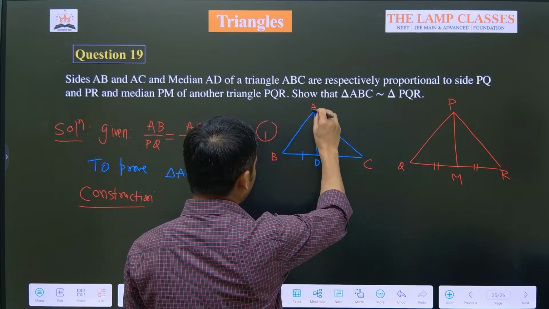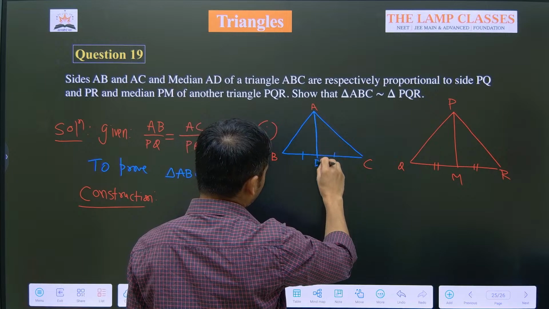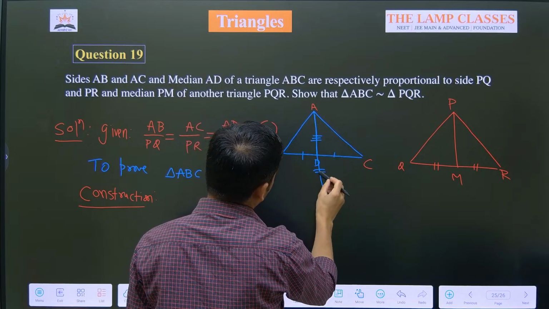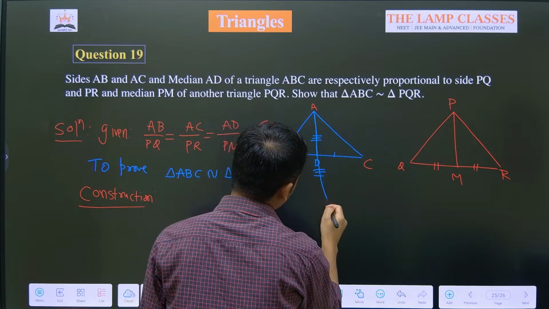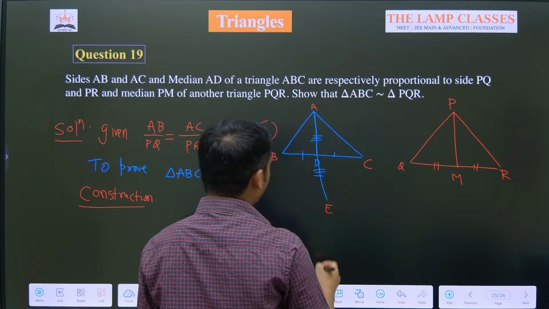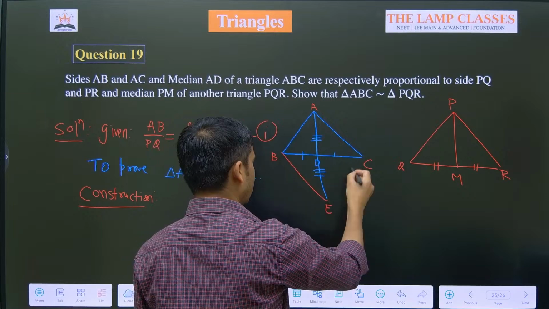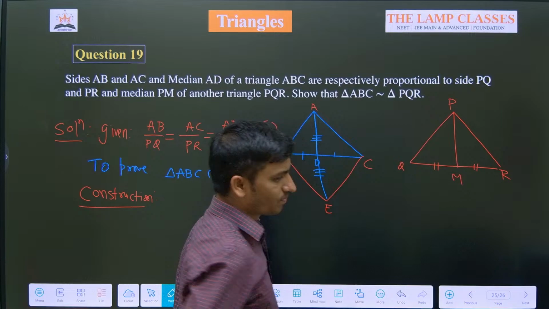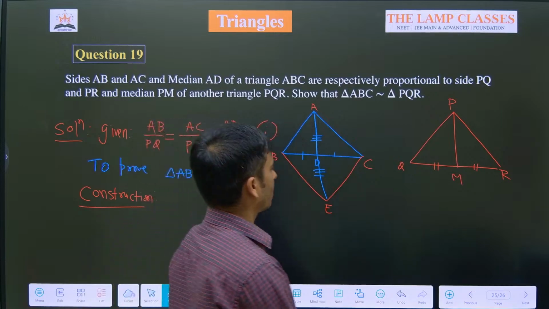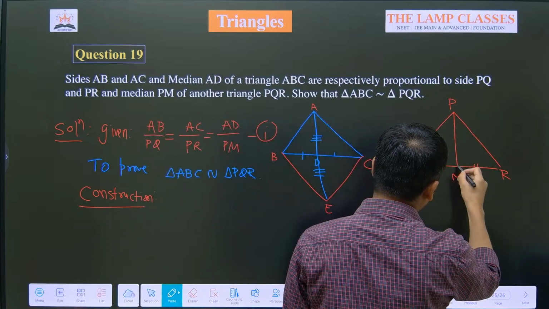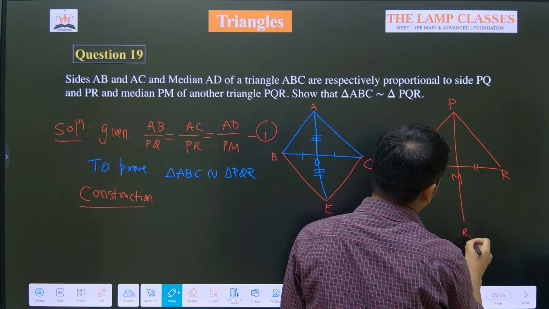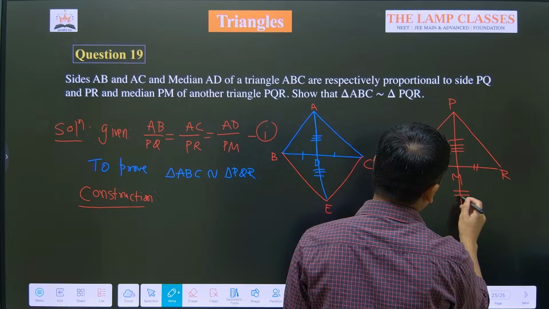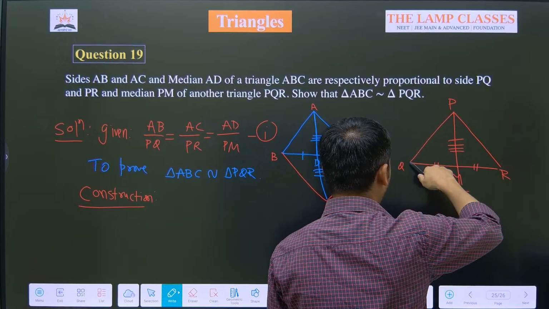Just extend this side AD so that this length and this length are equal, to E. Let's call this point E, and then connect these points like this. Same thing you have to do in the other triangle. So let's extend PM to S so that this length and this length are equal.